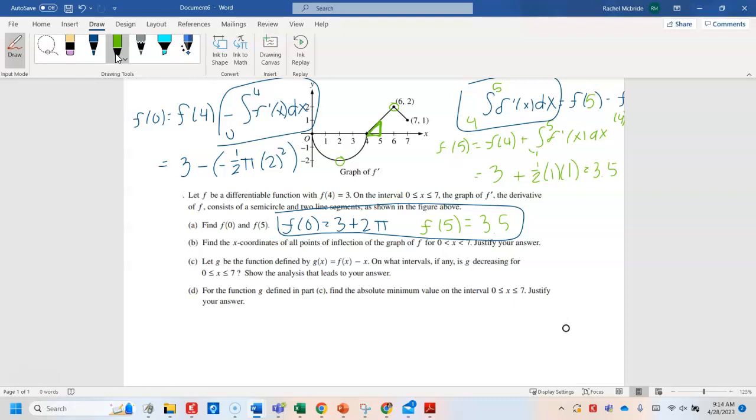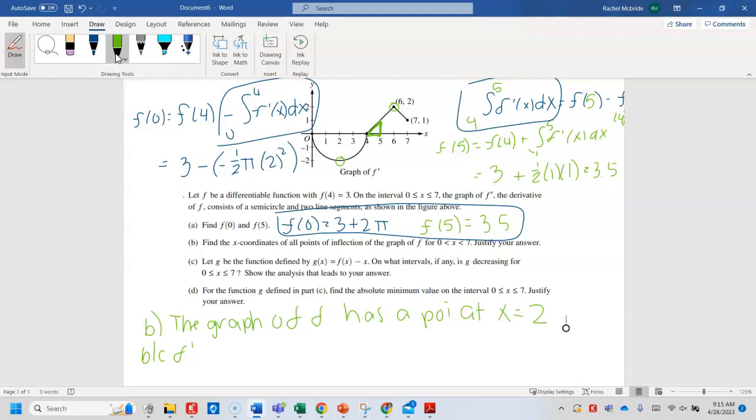So for part B, you would say that the graph of f has a point of inflection at x equals 2 because f prime, which is the graph we're given, how do you get a point of inflection?